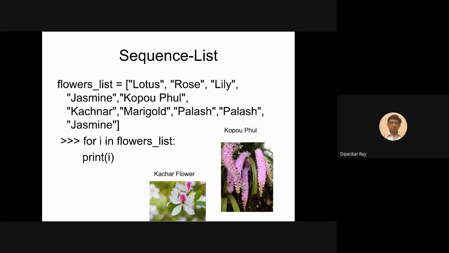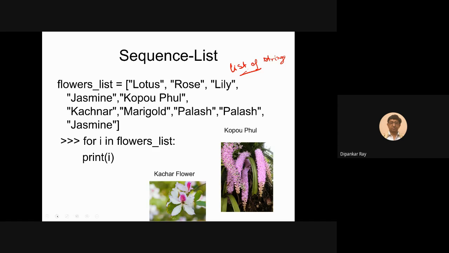This is a list of strings, and then I have written for i in flower list. So it will go through this list one by one, and print each and every flower name on the list.